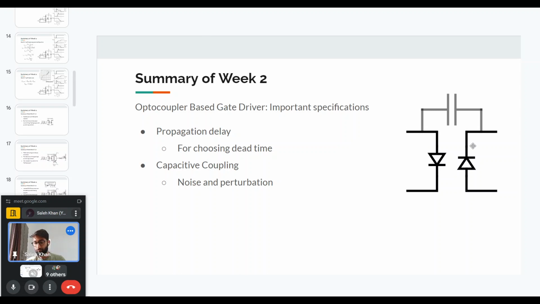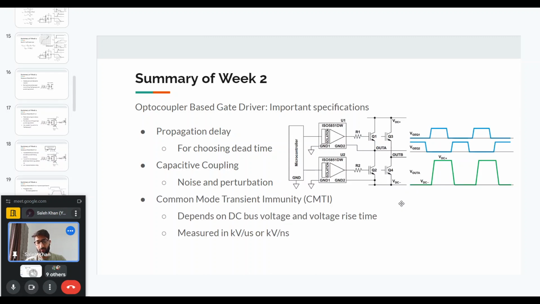These capacitive currents will create noise in the circuit, and may actually turn on the LED, leading to turning on of the device at some time and other perturbations. So the value of this parasitic capacitance is important, and it is given in the data sheet, as measured by the manufacturers.